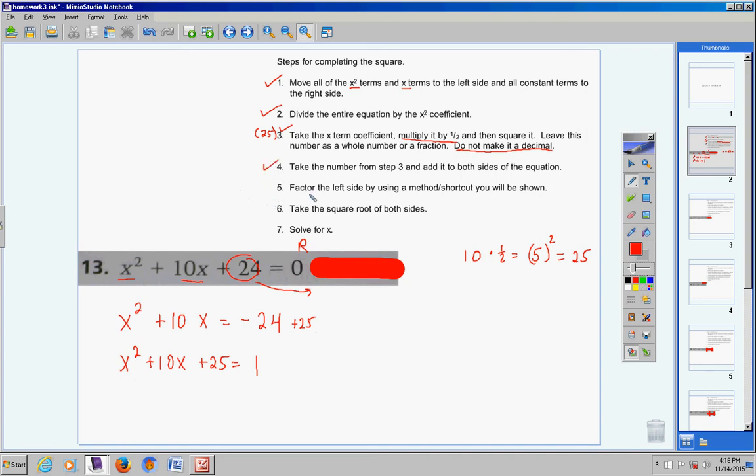Step 5. Factor the left side by using the method or the shortcut you've been shown, okay? So we put 2 sets of parentheses, alright? In your head, you take the square root of this. The square root of x squared is x. Put it here and here. In your mind, take the square root of this term. The square root of 25 is 5.